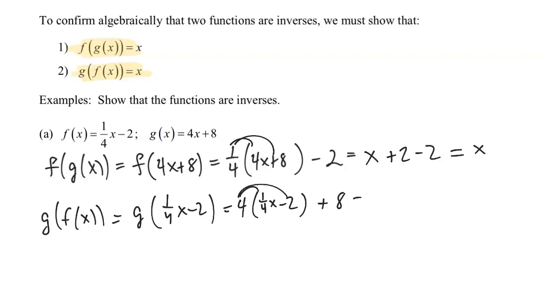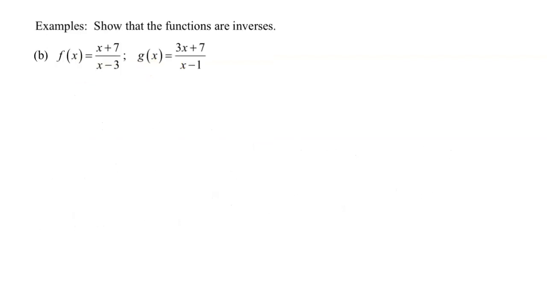So distribute your 4 there, that's going to give you x minus 8, and then plus 8, which will reduce to x. And so since we showed these two things here, that f of g of x is equal to x, and g of f of x is also equal to x, we have verified algebraically that these two functions are inverses.